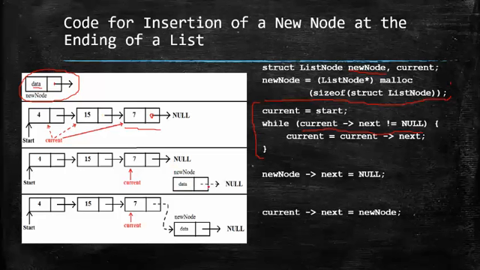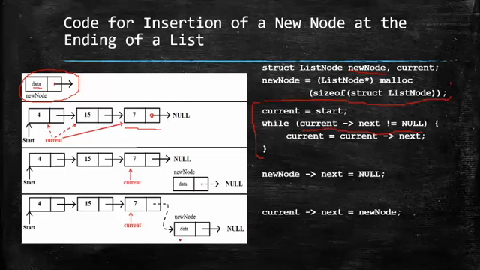Now our first step after we have reached the last element is to make this next pointer of the new node to null. That is the first step that we have seen in the previous slide. So we are making it here. Next of new node point to null.